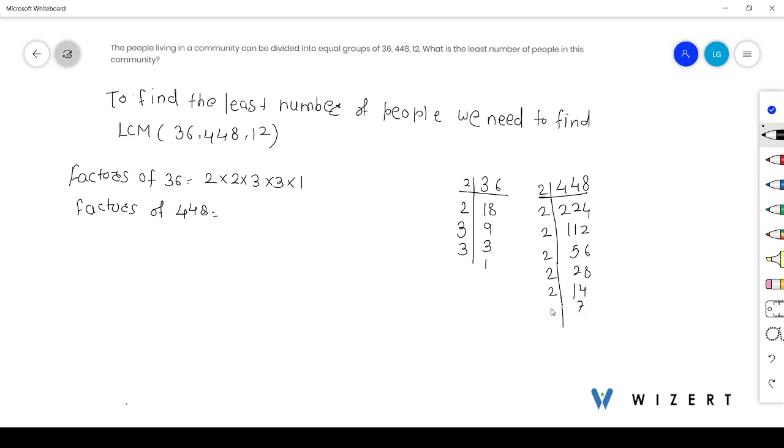Again, 7 divided by 7 is 1. So, the factors of 448 are 2 into 2 into 2 into 2 into 2 into 2 into 7.